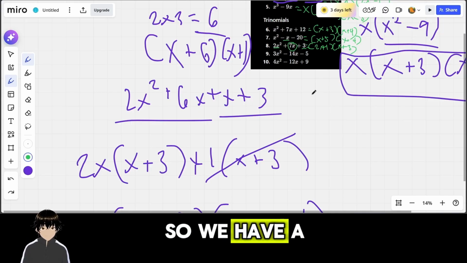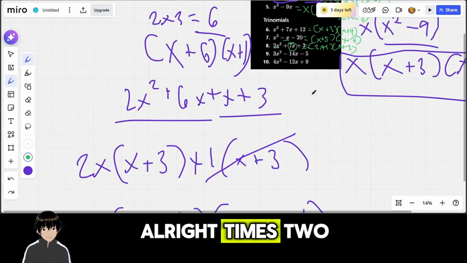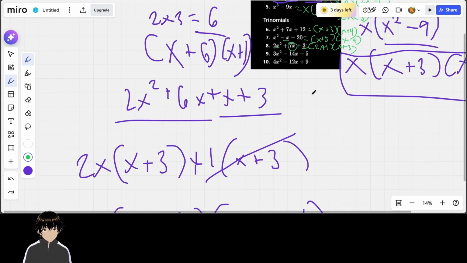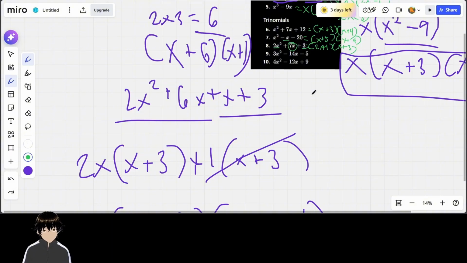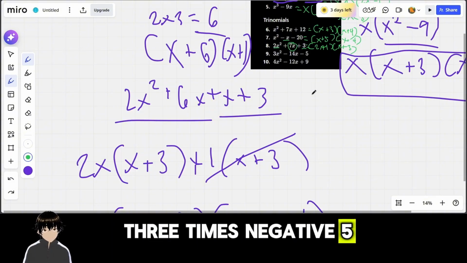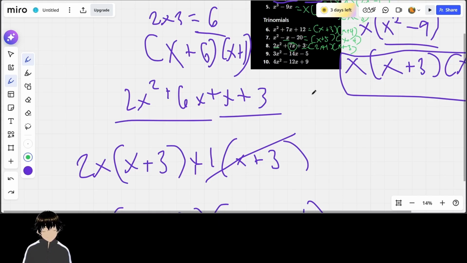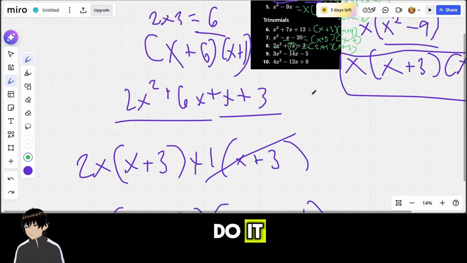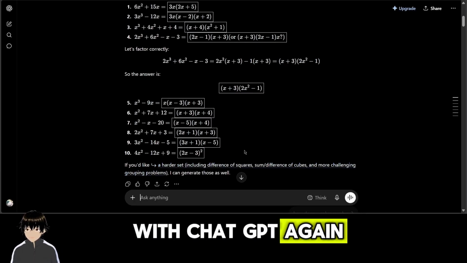So in number 8, we had times 2, times 3 is 6, and then 6x. But if we do 3 times negative 5, it's going to be negative 15. How do I do it? Oh god, I need some help from ChatGPT again.